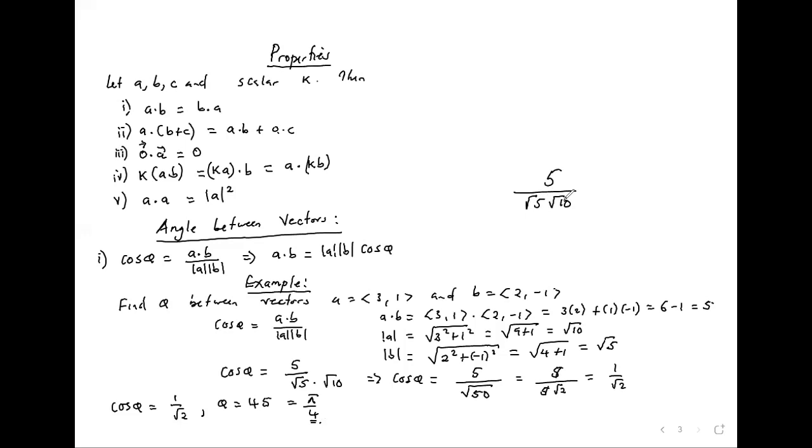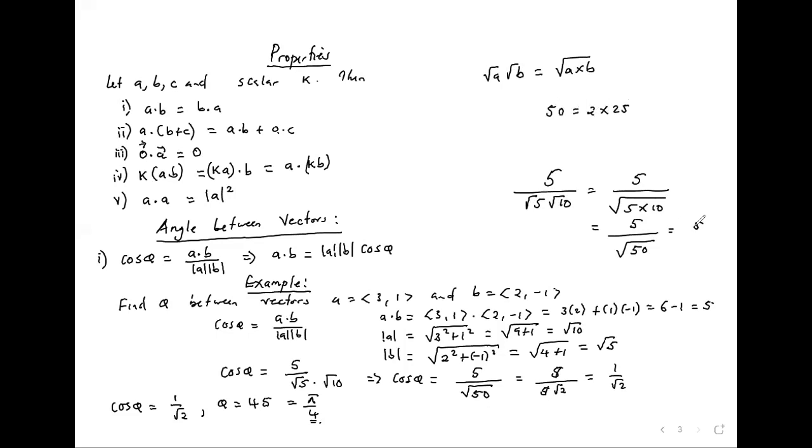From surds, if you have root A, root B, you can write it as root of A by B. So we have 5 on top, so we can write it as 5 by 10. This is 5 over root 50. But 50 is the same as 2 by 25.